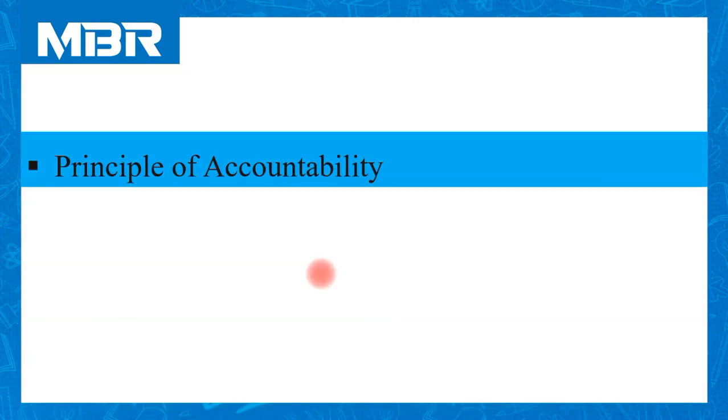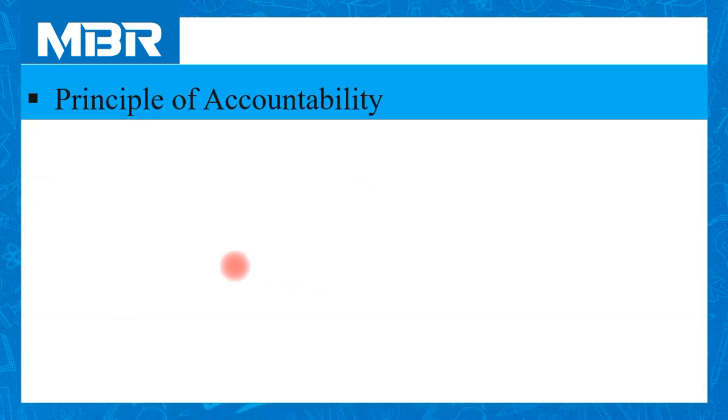The second one, principle of accountability. An organization is answerable to so many concerned stakeholders, specifically if they fail to satisfy their responsibilities.